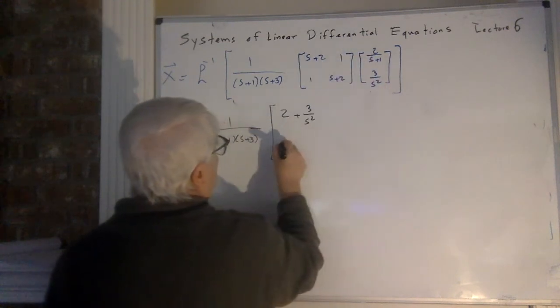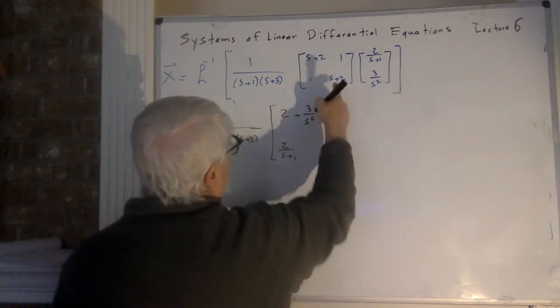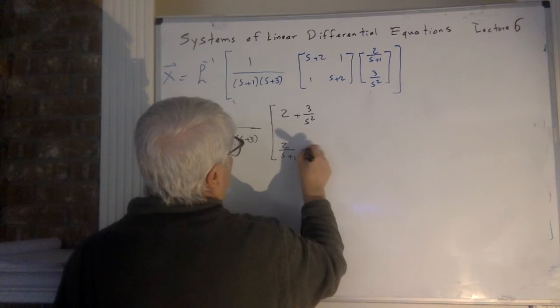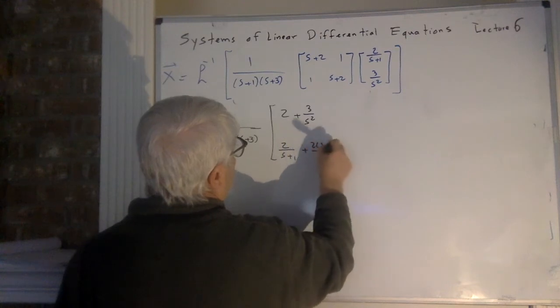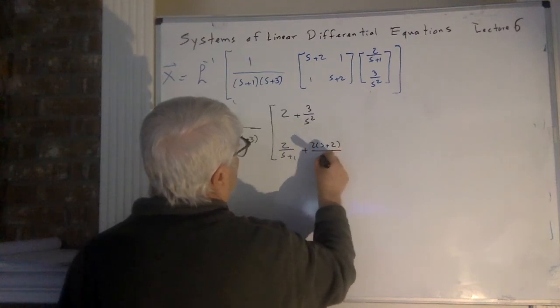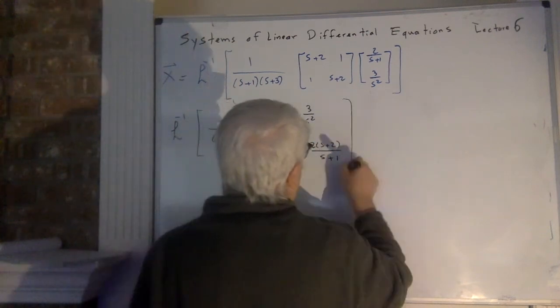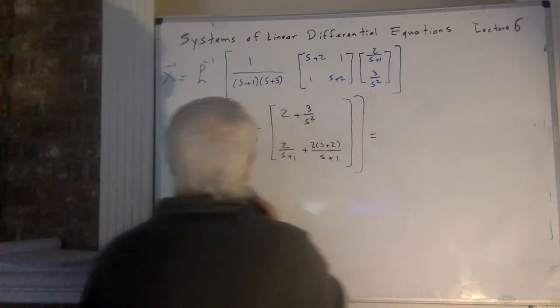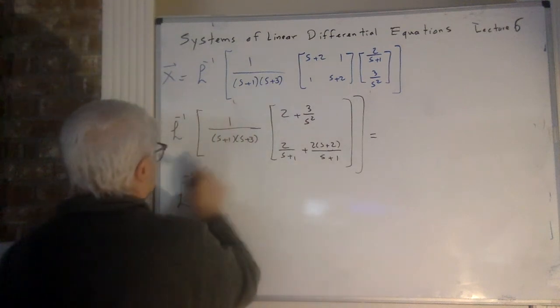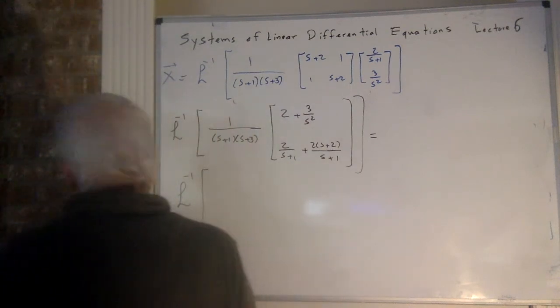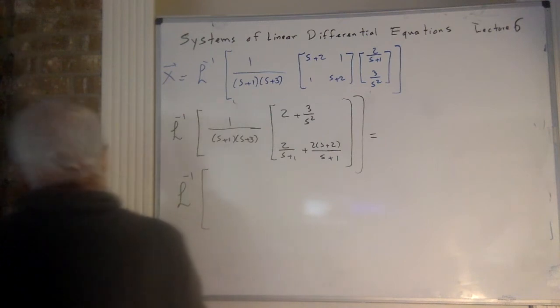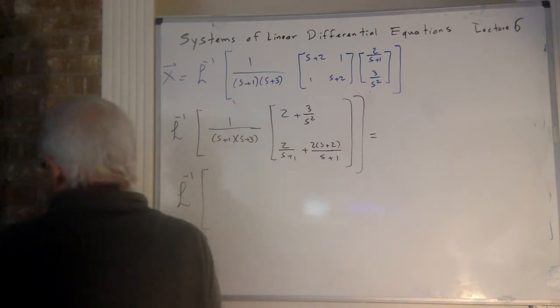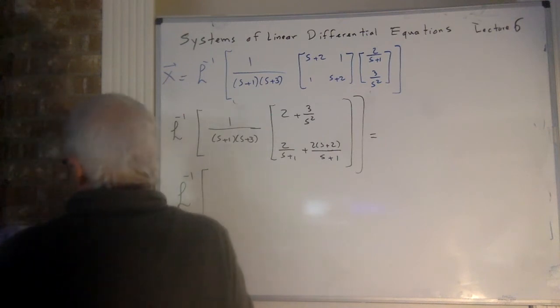This one times that one is 2s plus 1, plus 2 times s plus 2 over s plus 1. So that's the Laplace inverse of, well, I put them together and I have it here after simplifying everything.